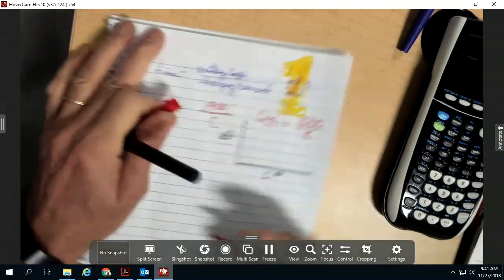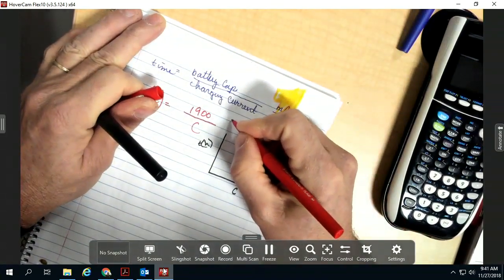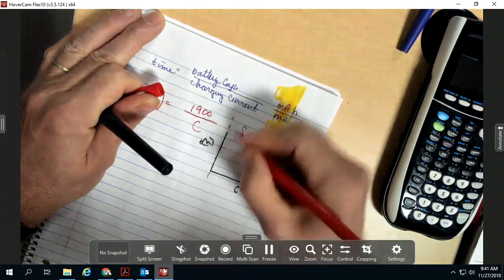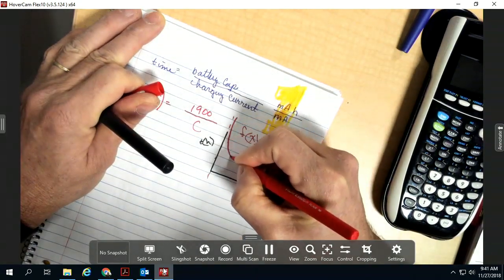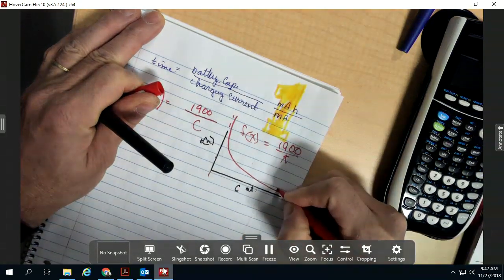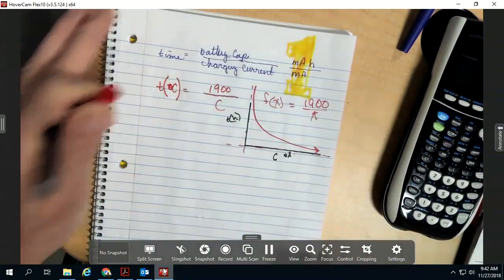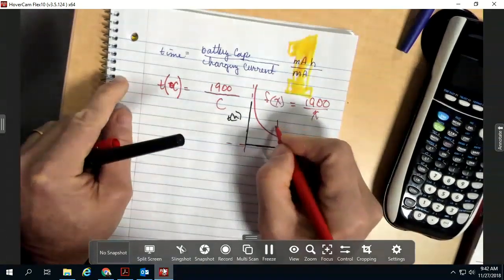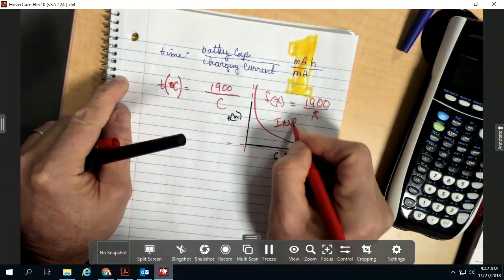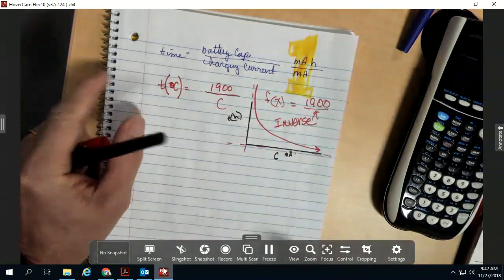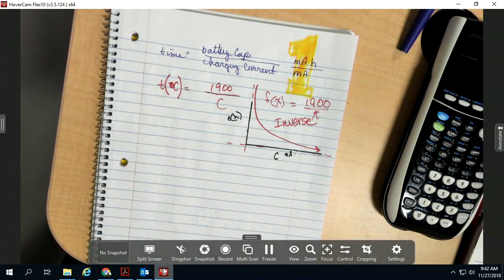And it appears as though this is a vertical asymptote. And actually, it appears as though this is a horizontal asymptote. And that's true because this is an inverse function. How can you tell it's an inverse function? The variable is in the denominator.